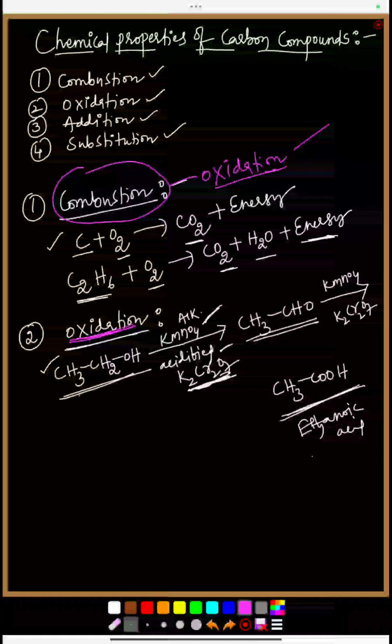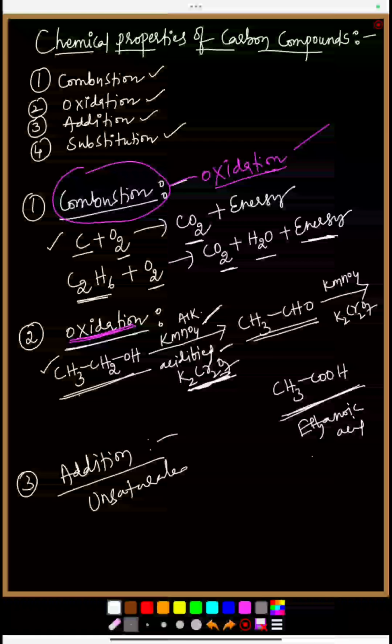And next, third one is, you know very well, addition reactions. What is the meaning of addition? Generally, unsaturated hydrocarbons like alkynes, alkenes participate in addition reactions. It is the third type of chemical property or chemical reaction of carbon compounds.